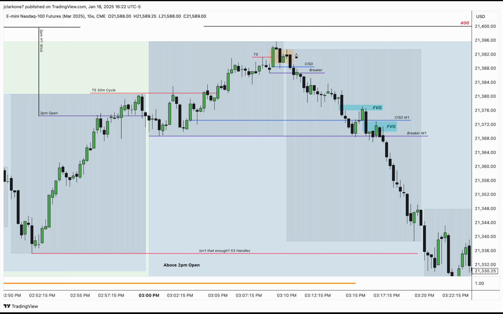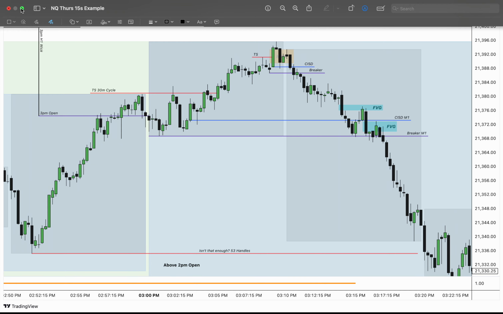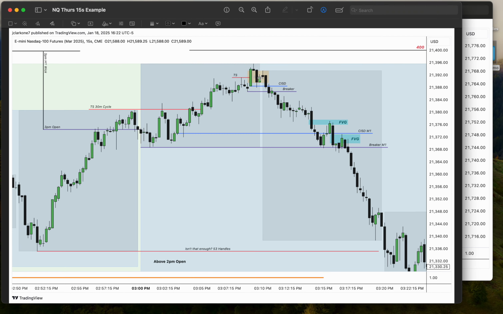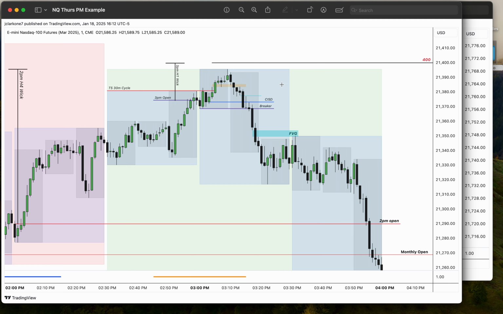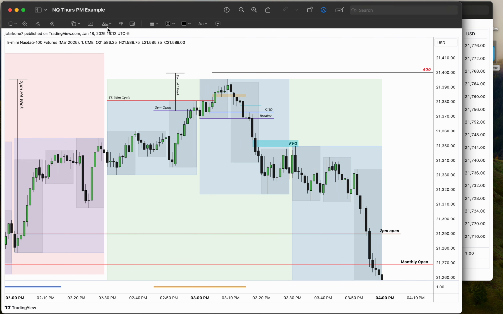So I'll show you. You see the IFVG there. If we look at the previous example, you don't have it. So I think this is the one. We have the IFVG on the 1 minute. But what I see is price tapped that fair value gap, made a higher run, and then is working its way down.